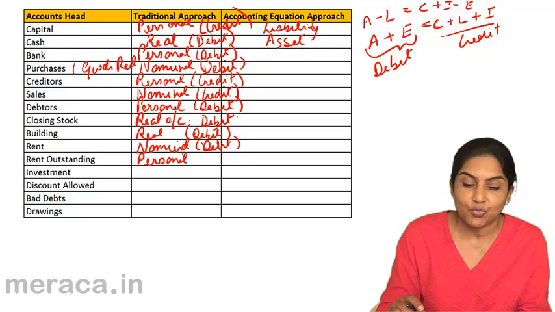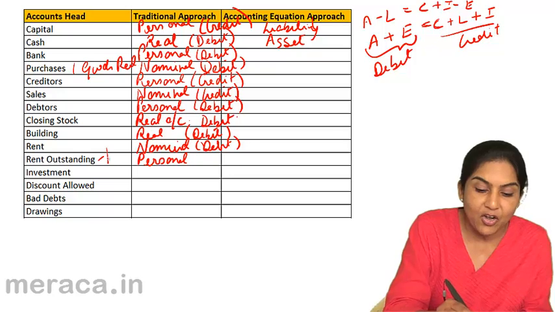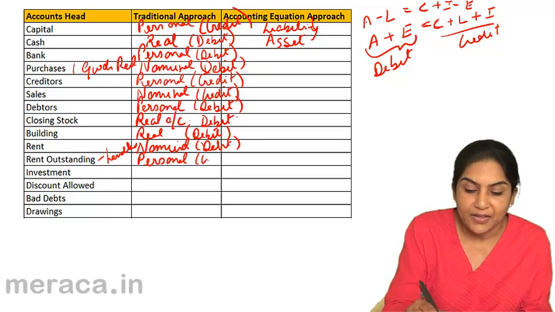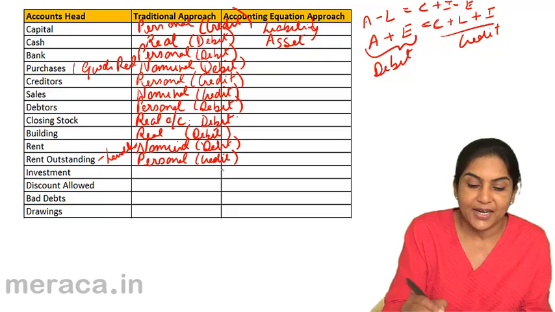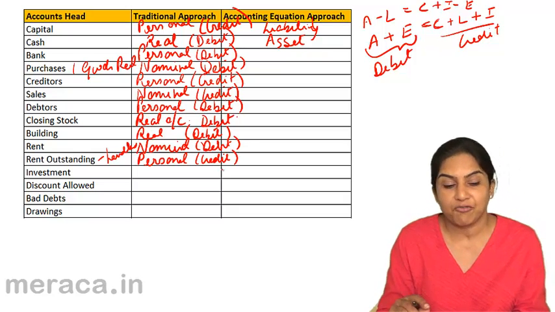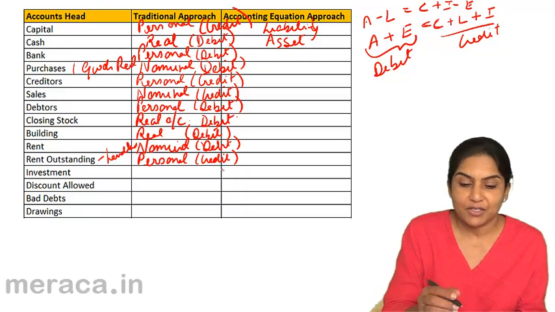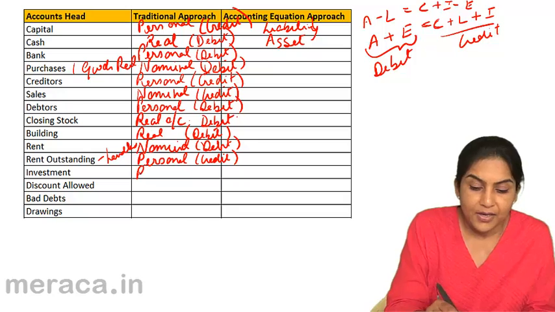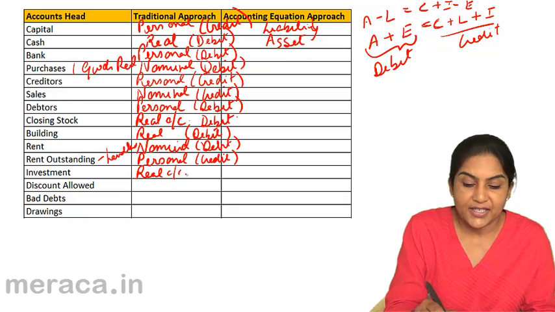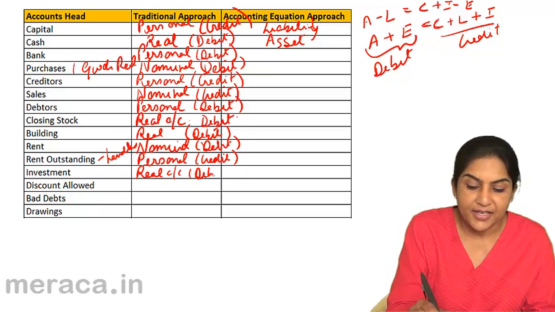This represents the landlord's account because we owe him money. This is a liability. It's a credit balance. Representative personal account. What is investments? We buy investments. It is a real account. It's an asset, a real account, and has a debit balance.